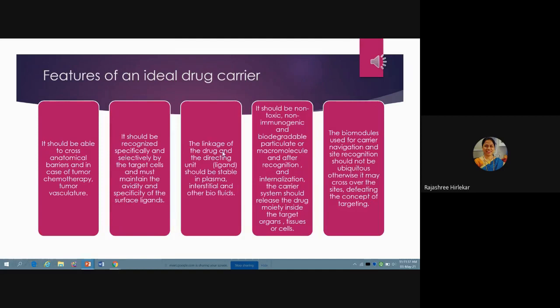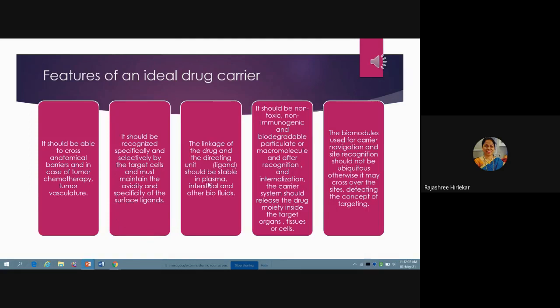Then the linkage of the drug and the directing unit, that is the ligand, should be stable in the plasma, interstitial, and other biofluids. For example, you have taken the drug delivery system and attached some ligand, which is also called a homing device. You plan that it should go to a particular target site, but what is the medium through which it is going to the target site?